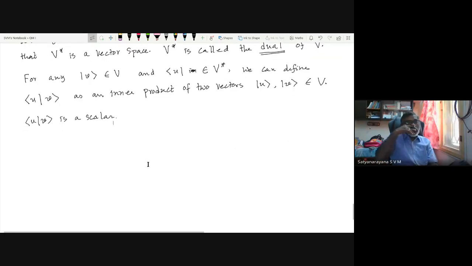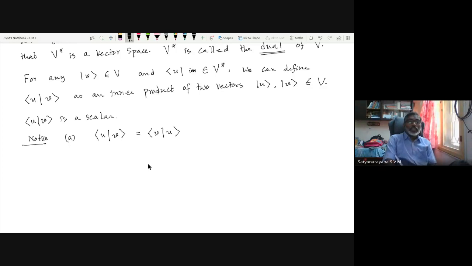Okay. Now you can see some properties of this inner product structure. Notice that the structure has the following properties. A, your UV is equal to VU.